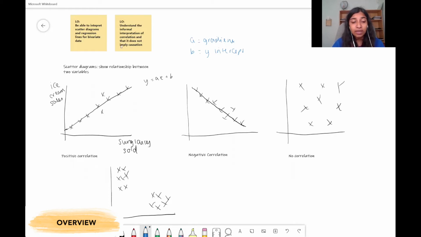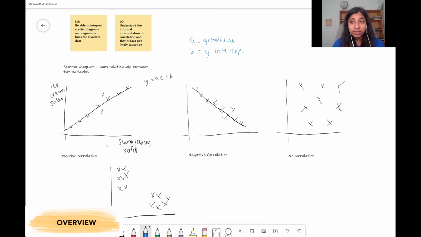So the first one we have here is a positive correlation. This is normally when you see your crosses going in an upwards direction, and it normally means that as X increases, Y also increases. For this example, as more sunglasses are sold, there are more ice cream sales.